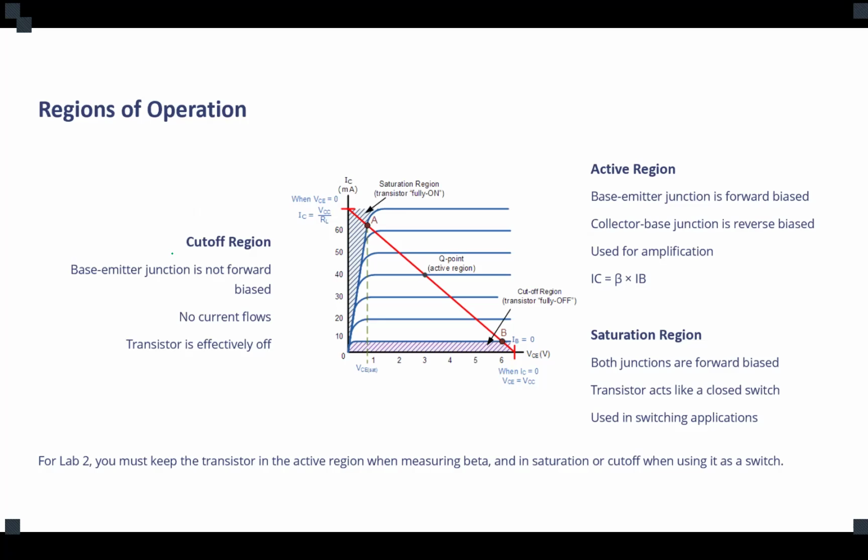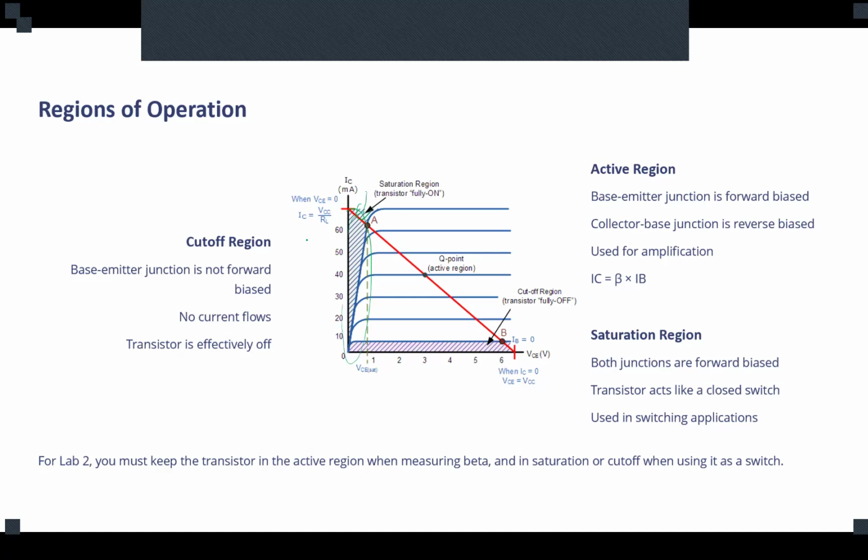So, if you inject current into the base, you are turning on your BJT, so it will start conducting. So you will start seeing current in the collector, and as you increase the voltage between collector and emitter, your current gets increased, which is this mode, and we call it the saturation region.